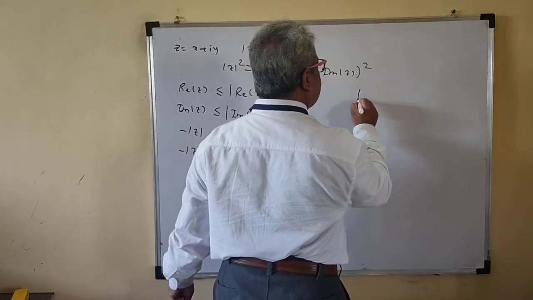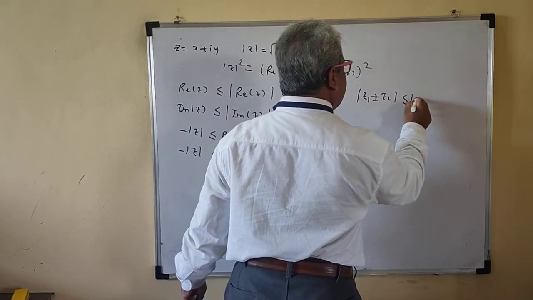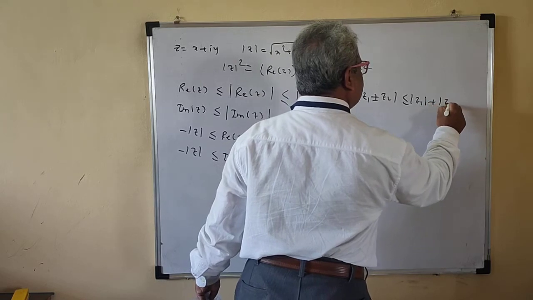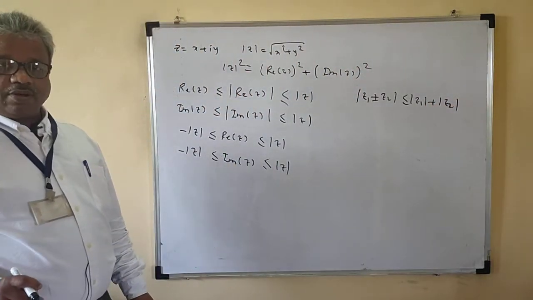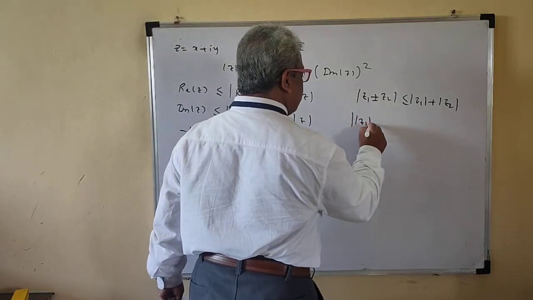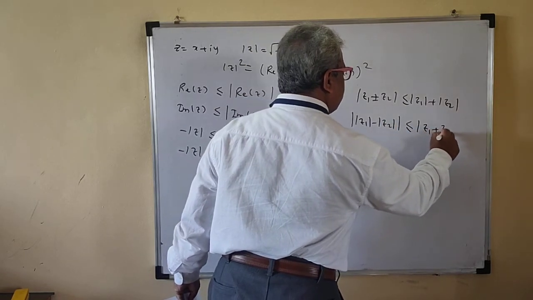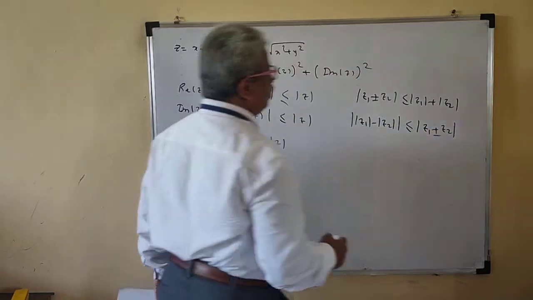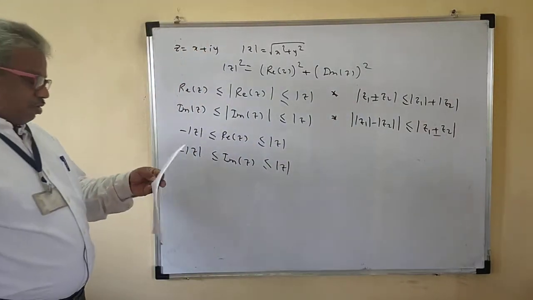Also, mod of (z1 + z2) is less than or equal to mod z1 plus mod z2. This is the triangle inequality for complex numbers. Again, remember that mod z1 minus mod z2 is less than or equal to mod of (z1 ± z2). Remember these two identities for complex numbers.